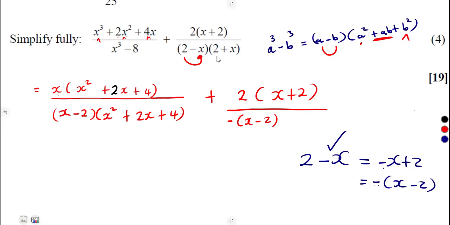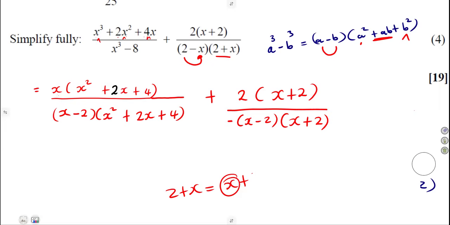The other part is 2 plus x. 2 plus x is the same as x plus 2. And already our x is positive, so we cannot change anything. We're just going to rewrite it as it is, x plus 2. There it was a negative. We must always work with x as a positive value, so that we do not miss our simplification.